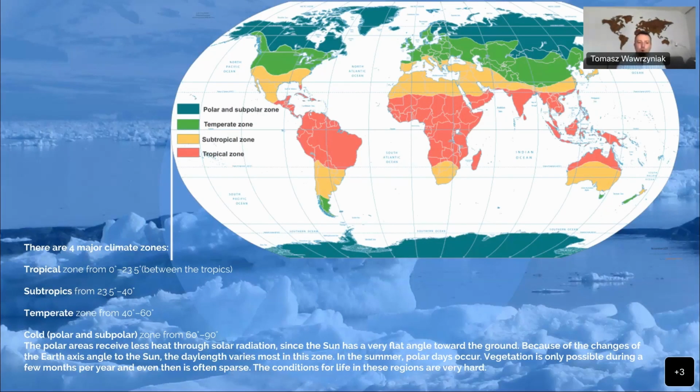And there are also cold polar and subpolar zones from 60 degrees to 90 degrees latitude north and south. The polar areas receive less heat through solar radiation, as I explained before, and since the sun has a very flat angle towards the ground, the weather conditions are completely different than in lower latitudes.